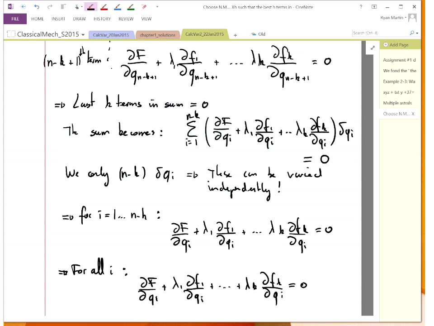So the Lagrange multiplier method tricks you into thinking you're treating the last k variables in a special way by eliminating them, but then you end up finding that the condition to eliminate those variables, the last k variables, is the same condition as the first n minus k variables. And so in fact, they're all treated symmetrically.